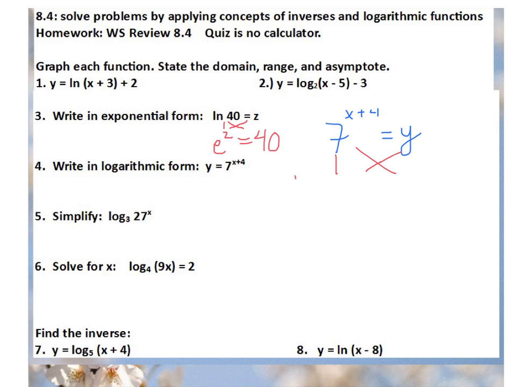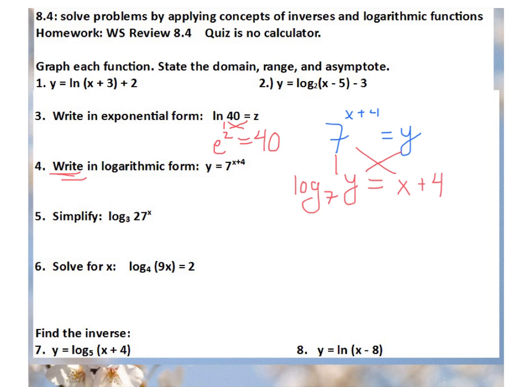So because it starts as an exponential, we're going to write it as log base 7 of y equals x plus 4. Since it just says write it, we don't have to manipulate any of that equation around. We can leave it just the way that is in red.